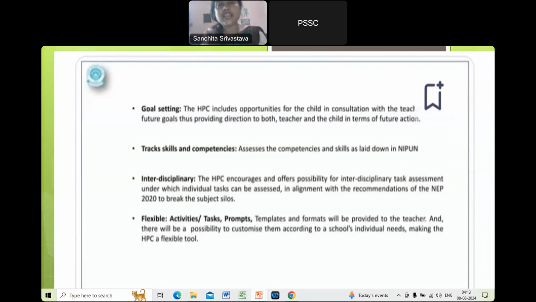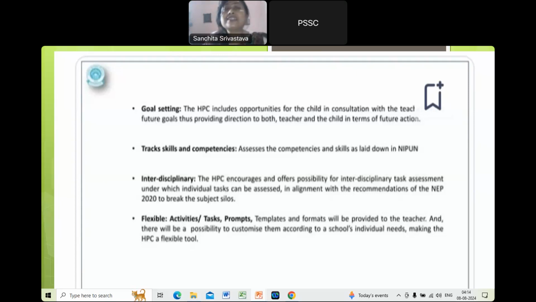If the child is good in singing, athletics, or oration, these things have to be included in the progress card so that the child's parents, as well as the school authorities, everybody knows what this particular child is good at, so that he can take it as a career itself.